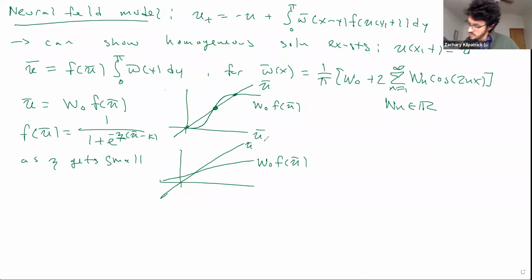So we would only have a single intersection point here. And the idea is that we're going to start within this regime and steepen this nonlinearity, and then you're going to get some bifurcation in the number of homogeneous fixed points. But you can also get a bifurcation in the spatially patterned states, right?